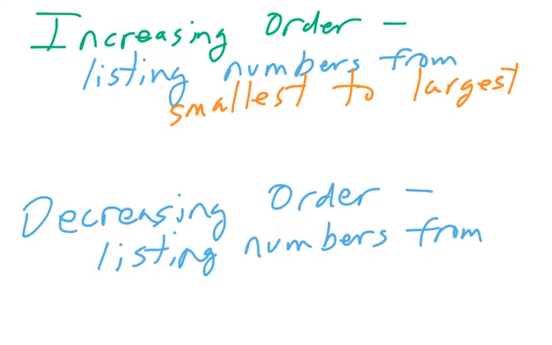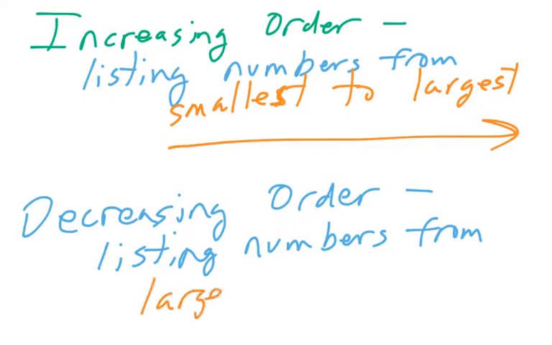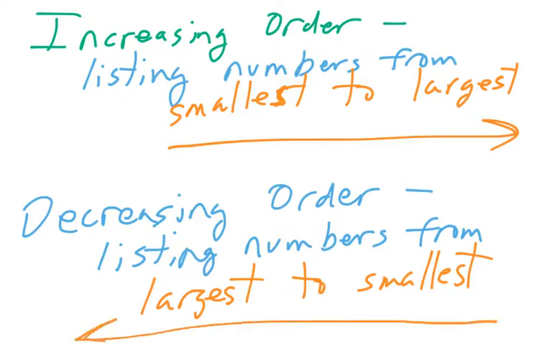As far as the number line is concerned, if you graph the numbers on a number line, you're going from left to right. Okay? And then decreasing order is the exact opposite. That's listing numbers from largest to smallest. And if you're writing those numbers down, you would look on your number line from right to left.